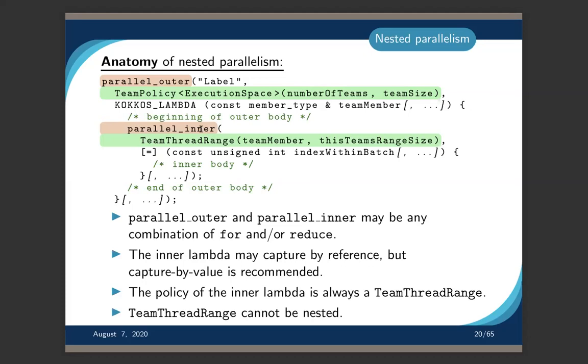Note that I said explicitly loops, so you can have many of these loops one after another. You can have a parallel_for followed by another parallel_reduce, followed by another parallel_for, and so on. You cannot nest team thread ranges in each other. That would actually lead to some iterations not being executed.